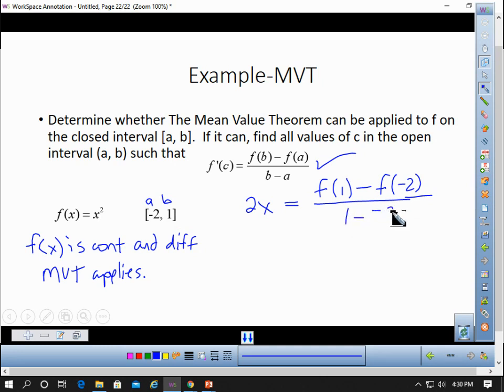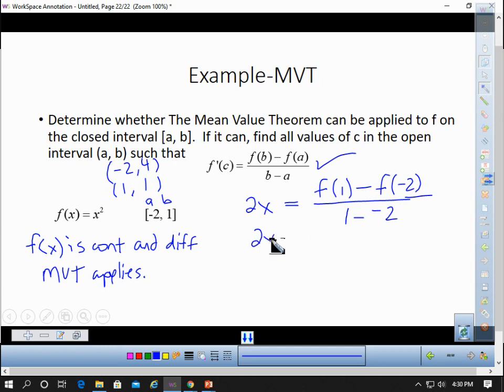Basically I'm just doing slope. If I did these as ordered pairs, negative 2 and 1 are my x coordinates, so I'd put them in here. Negative 2 squared is 4, and 1 squared is 1.